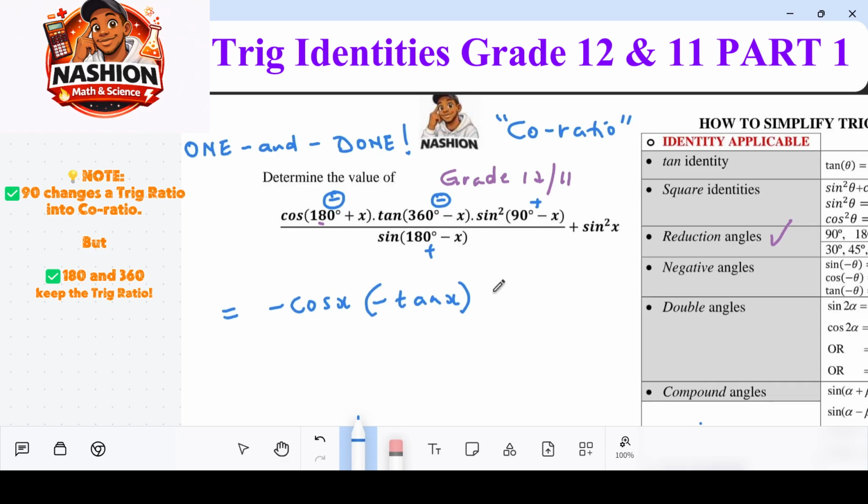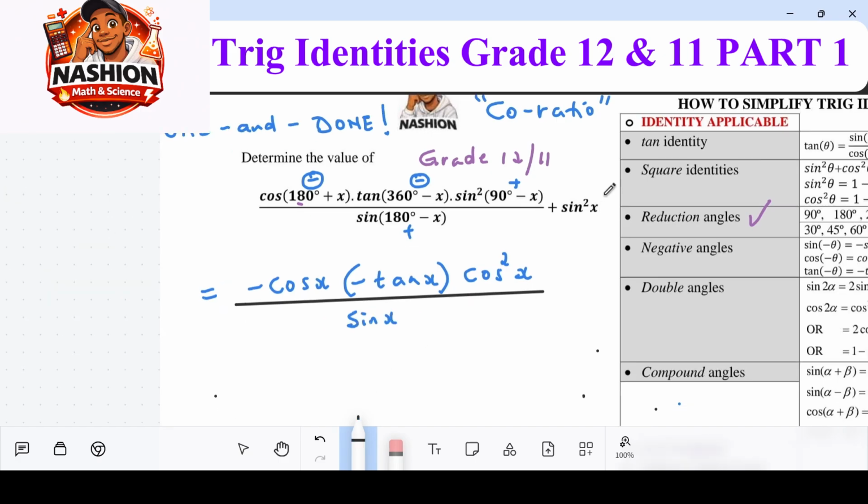So here we are getting positive cos squared x all over. Now the denominator, we already worked it out as positive. So when it's 180 and 360, we don't change that into a coratio. Sine remains sine. So this is going to be positive sine x. Not forgetting our lovely sine squared x at the end there.